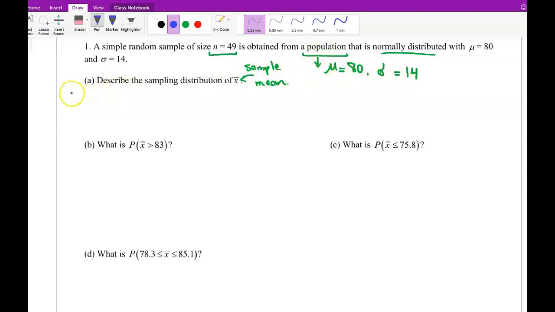Based on that, we need to describe the sampling distribution of the sample mean. The mean is equal to the population mean, and that is equal to 80.